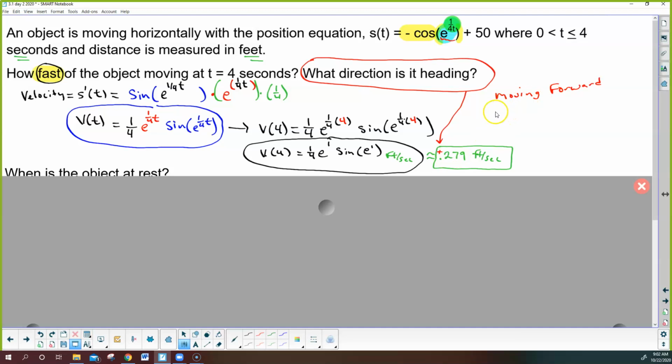So moving forward, and then why? All you have to state is right here: v of 4 is greater than 0. That's all you have to write because you already showed what v of 4 is. It's positive. Anytime it's positive, you're moving to the right or moving forward, or if instead we're going up, you'd be moving up.